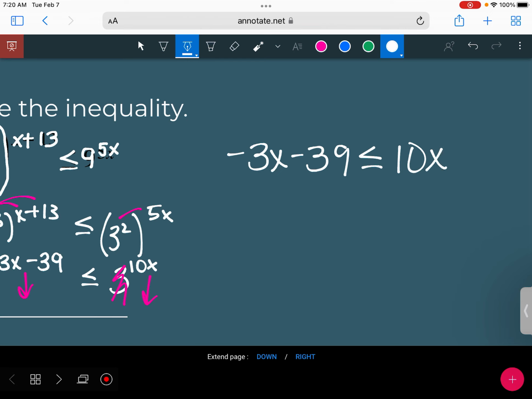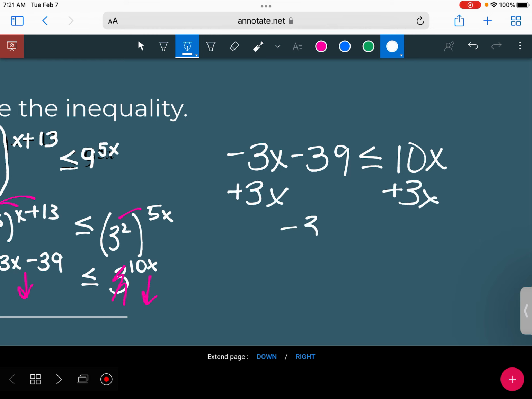All right. What do you do first? Not just subtract 3, add. We always want to do the opposite sign. So we add 3x.